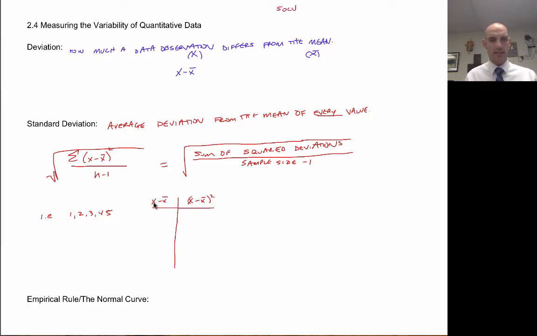So I write down the data values, 1, 2, 3, 4, 5. And I find the mean. So 1 plus 2 plus 3 plus 4 plus 5. So 1 plus 2 is 3, 6, 10, 15. And I'm going to divide by 5.